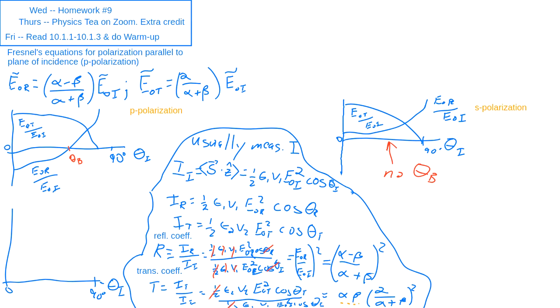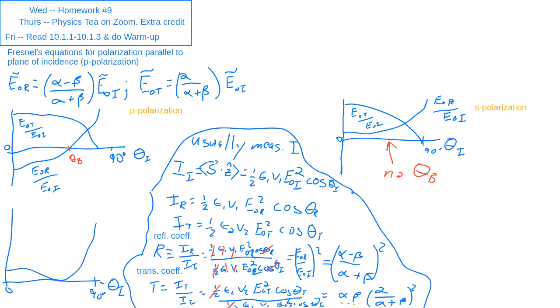And so our reflection coefficient here is just going to be proportional to the square of that reflected amplitude. So it starts out, when we square it, becomes positive. We have where you have that 0 crossing, this goes to 0, and then it rises up to hit 1.